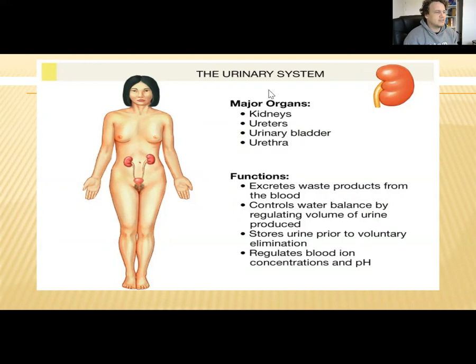So the urinary system, major organs are the kidneys, the ureter, the urinary bladder, and the urethra. They excrete waste products from the blood, and they control water balance by regulating the volume of urine. And the kidneys are the most important part of this.